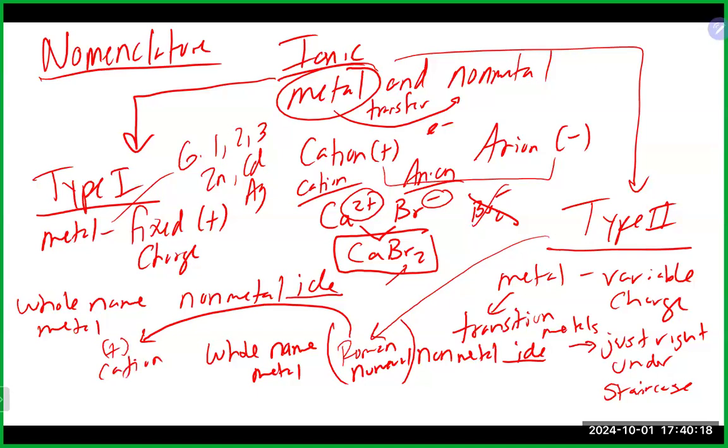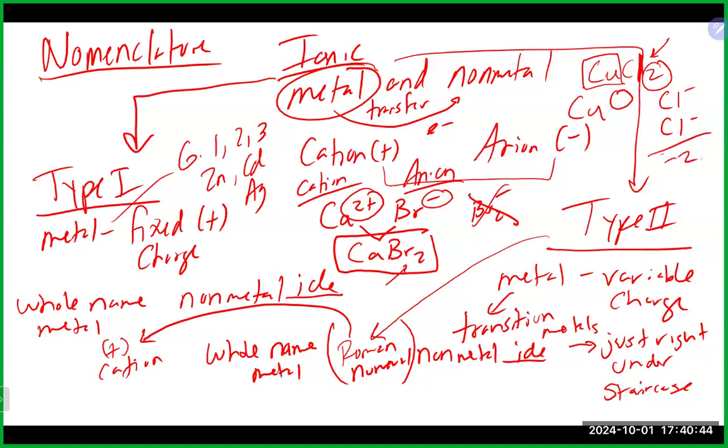So if you had something like CuCl2, when we look at this, copper is a transition metal, so that tells me it could have multiple types of charges. The good news is you will always know the charge on whatever it's attached to. So in this case, that's Cl, which is group 7, if I remember where that's at. And there's two of them, which again is what the 2 represents.